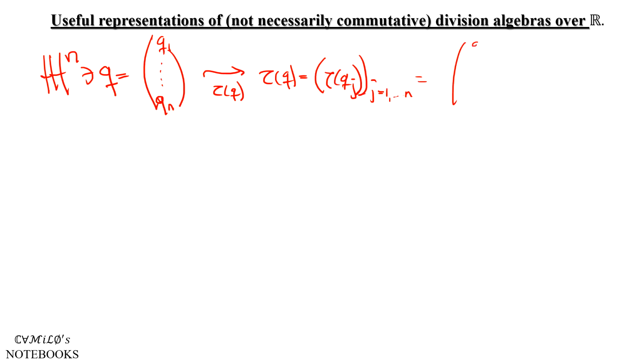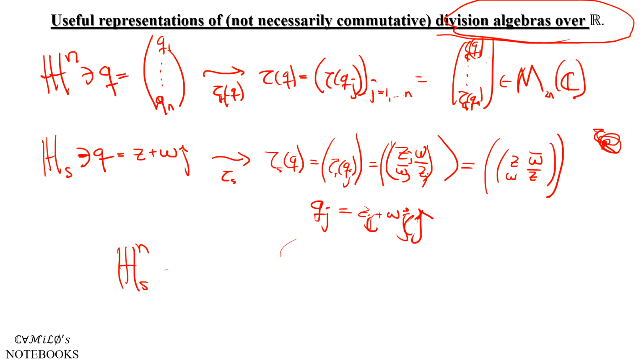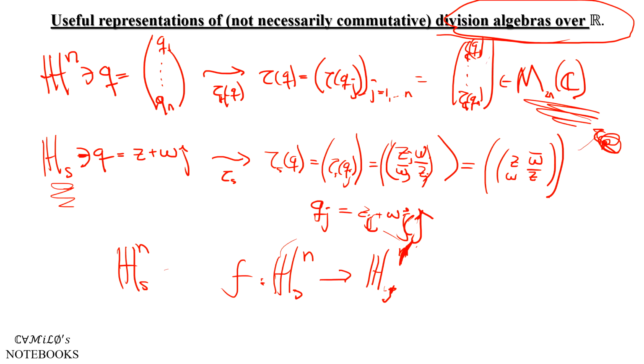In other words, of course, tau sub q1 all the way to tau sub qn. The embeddings, specifically tau sub s, was crucial in helping me develop a theory of split-quaternionic functions, where I'm just considering functions from H^n_s to H or to H^n. Maps or functions, either one. You could just call it H_s^1. But the split quaternions are pretty hard to work with, so it was way easier to work with these 2 by 2, 2n by 2n real matrices, complex matrices.